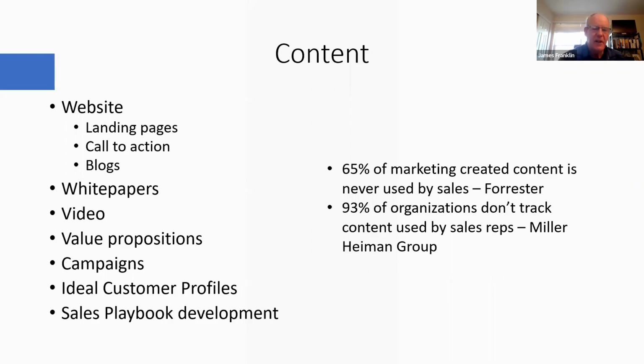You don't want your salespeople creating content. I can't tell you the number of times that salespeople have come to me and said, these marketing decks are just miserable because they don't have a pulse on what's really going on, right? So we need to eliminate that.